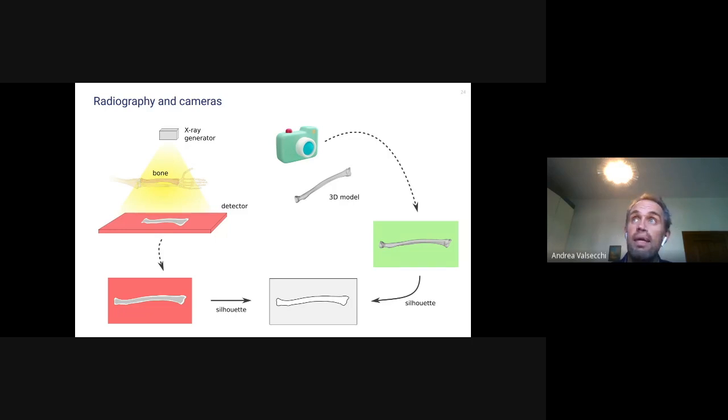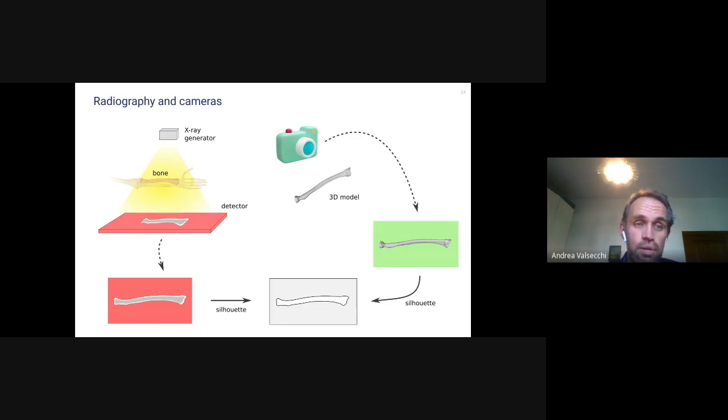And also, with some equations you can work out from your radiography setup where you need to put the camera to take a picture of the 3D model to get the same shape. So given this idea, you can more or less forget that you're working with radiography and think about making an overlap with a 3D model of the bone, even if your picture actually comes from a much more complex process, such as radiography.